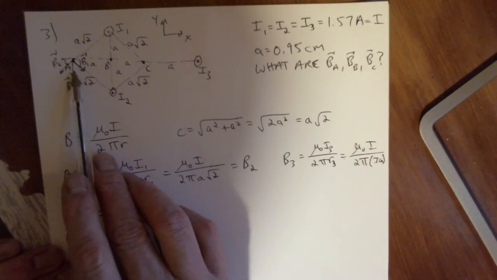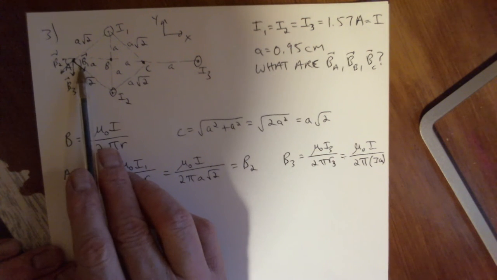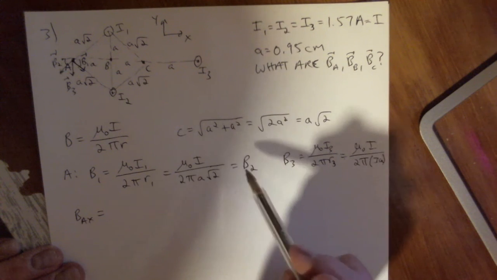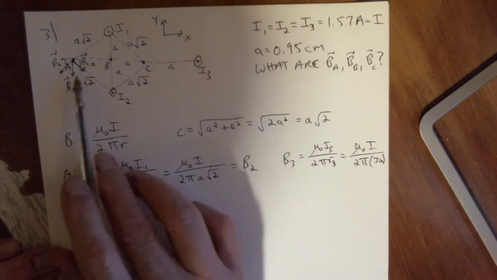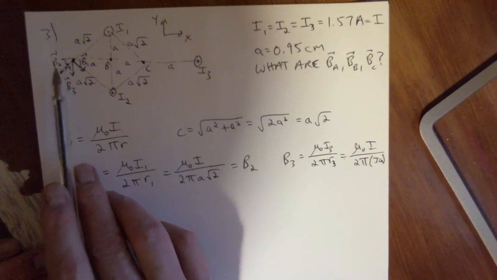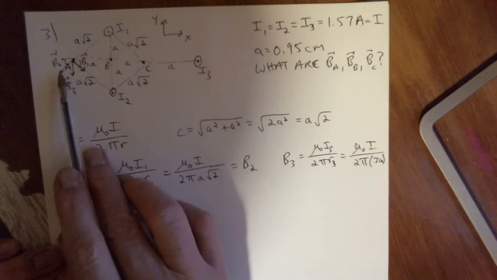And so the x components of these two are equal and opposite. This has a positive x component, which is the magnitude B1 times cosine 45 degrees. This has a negative x component, which is magnitude B2 times cosine 45 degrees.